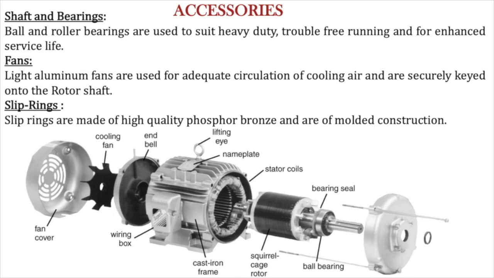There is a lifting eye which helps in moving the motor from one place to another. Then we have the stator coils mounted on the stator. The rotor here is a squirrel cage rotor, and the bearing seal is provided with the end cover.